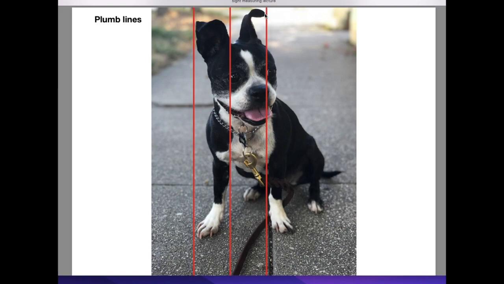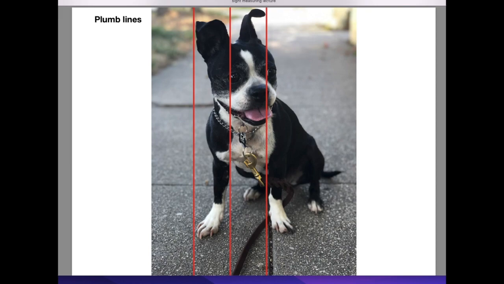The farthest right tip of her ear lines up with the inner corner of her right eye, hits the nostril, hits her tongue on this right side where this little line down the middle ends, and hits her ankle here.